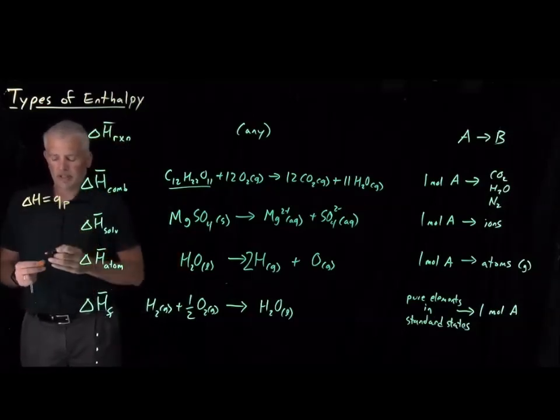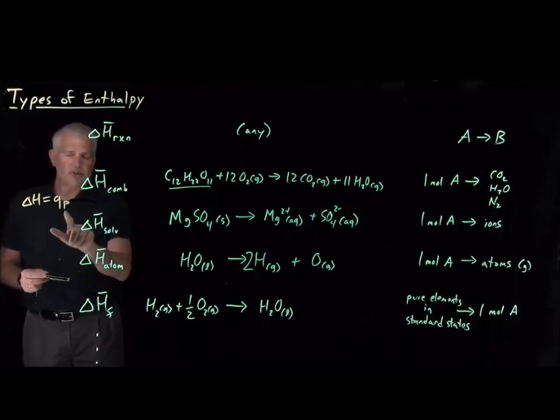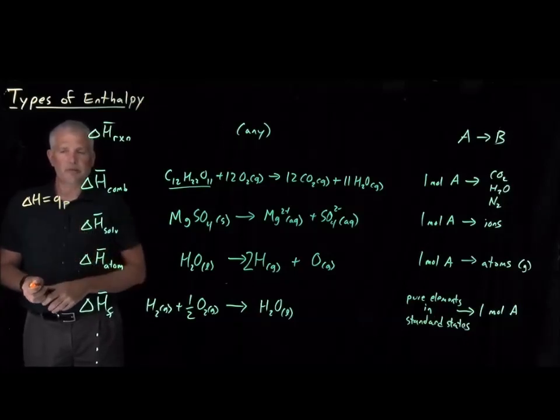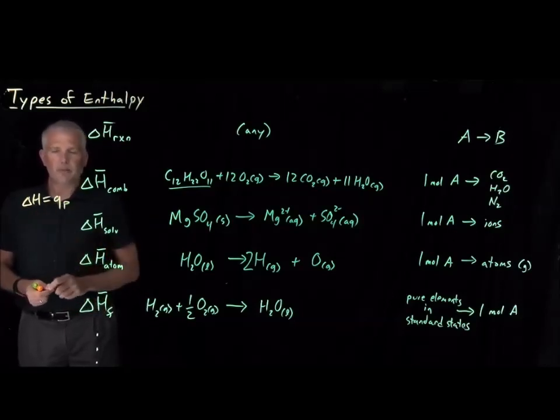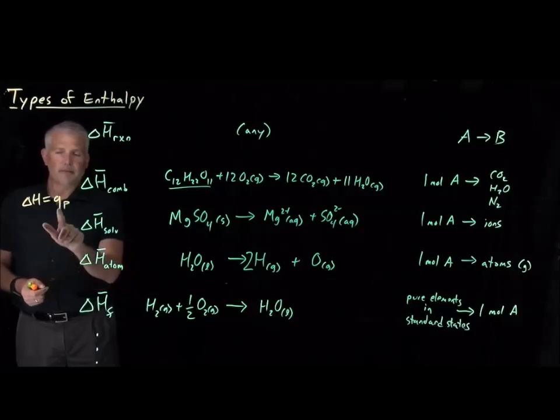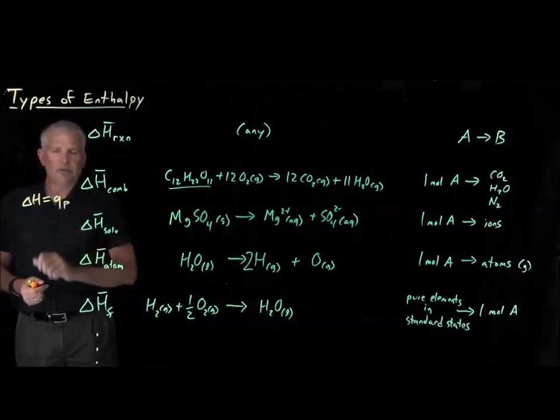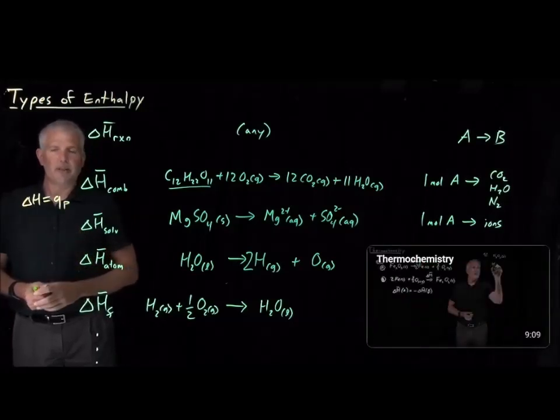Pressure is not always constant, but experimentally it's relatively common to have pressure being held constant. So heat and enthalpy are synonyms in that specific sense. So when someone says heat of solvation or heat of formation, what they really mean is enthalpy of solvation or enthalpy of formation. It's a slightly colloquial, slightly inexact way of describing it that has the assumption of constant pressure built into it. But the more formal language would be the delta H, or the enthalpy of solvation, atomization, and formation.